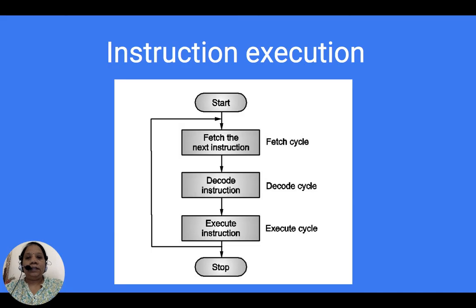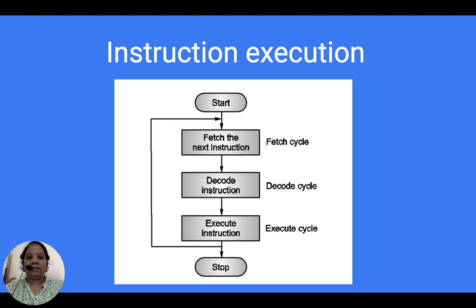Before going into the advantage of pipeline, we know this, but let's quickly review. Whenever an instruction has to be executed, this is the procedure that happens, be it a RISC processor or a CISC processor. First we start the first instruction.